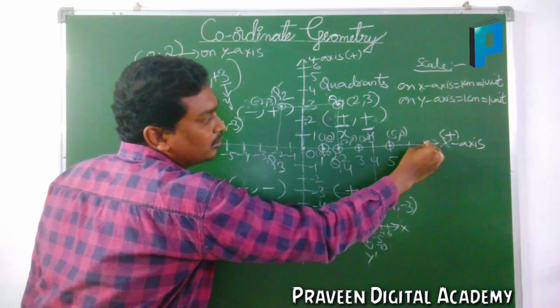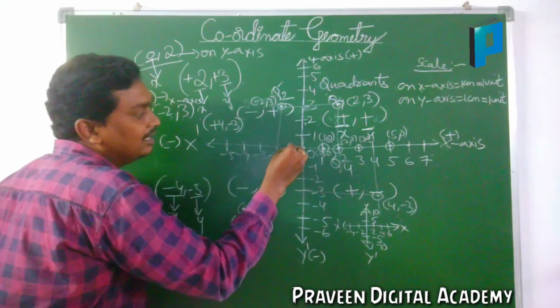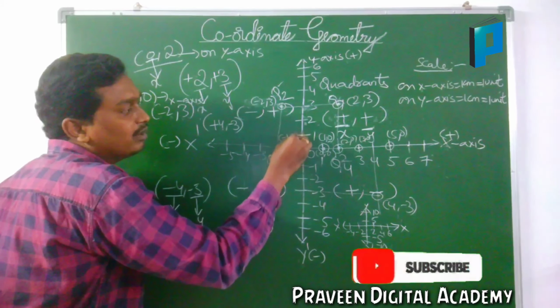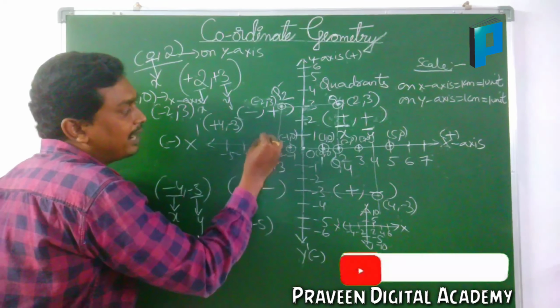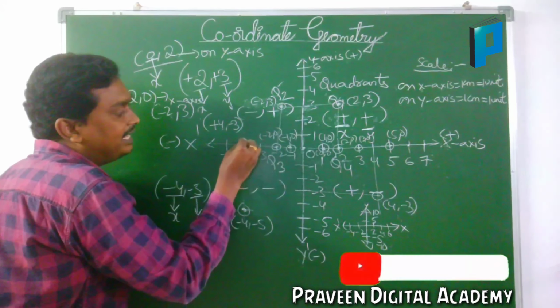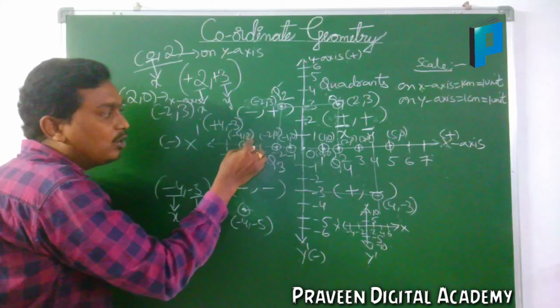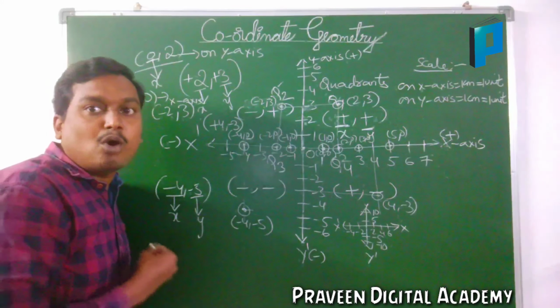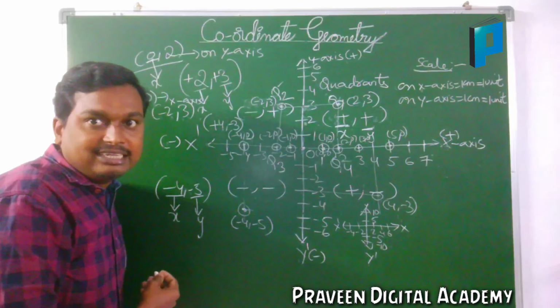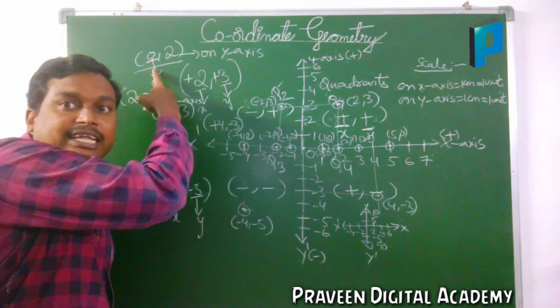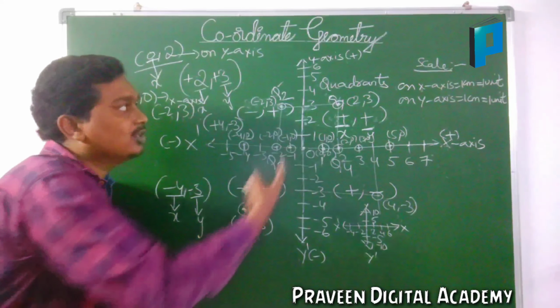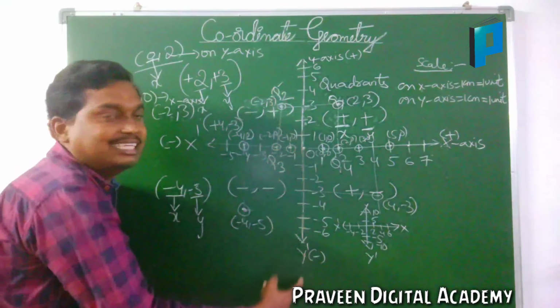This is 6, 0. This is 7, 0. This one is minus 1, 0. This one is minus 2, 0. And here is minus 4, 0. If y coordinate is 0, the point lies on the x axis. If x coordinate is 0, the point lies on the y axis.